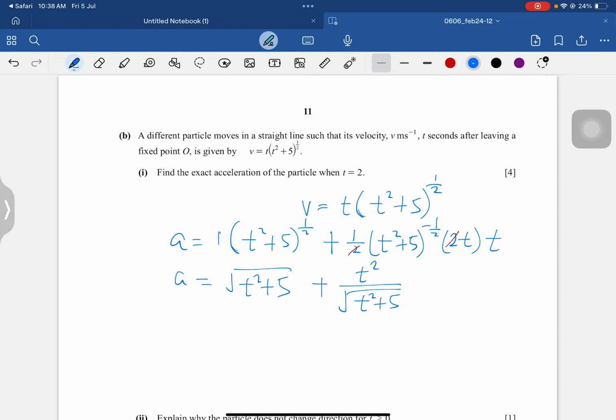Now, since they want the exact acceleration, meaning no calculator, we just sub in t as 2. 2 squared, which is 4. 4 plus 5, which is 9. Square root 9, which is 3. Plus 2 squared, which is 4. And this one is the same also, 3. So 3 plus 4 over 3. Answer will be 4 and 1 over 3.